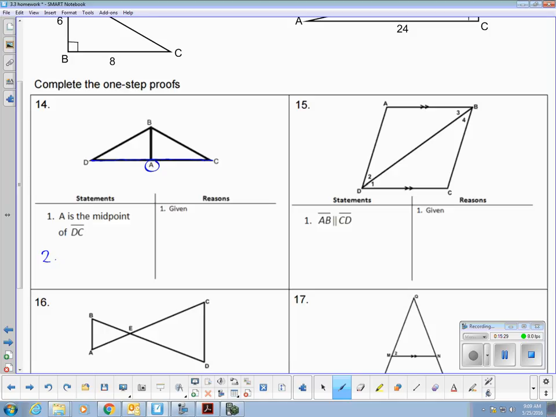We can now say that the distance from D to A is equal to the distance from C to A. And that is by the definition of a midpoint. By definition, a midpoint bisects a segment into two equal parts.